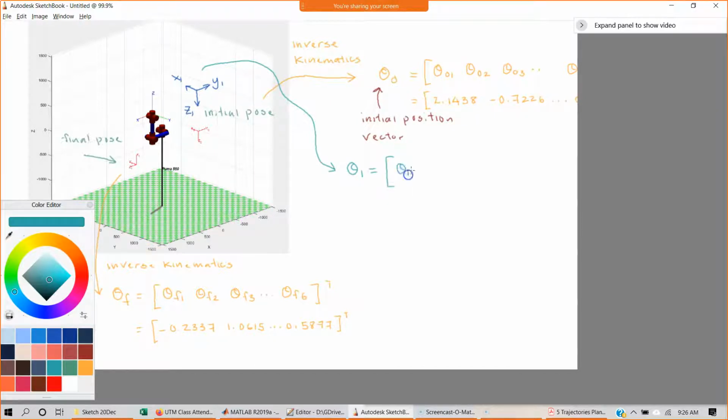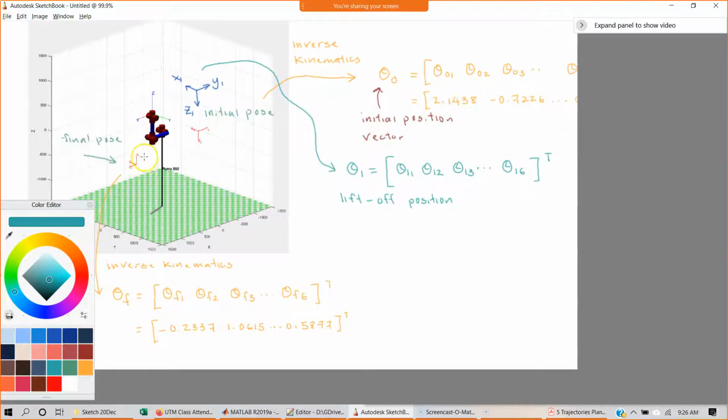So theta 1,1, theta 1,2, theta 1,3, up to theta 1,6, and this is what we call the lift off position.